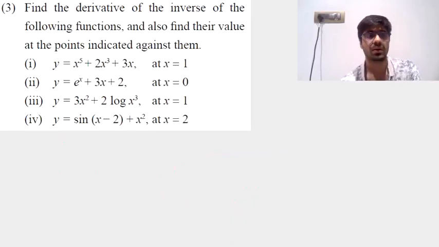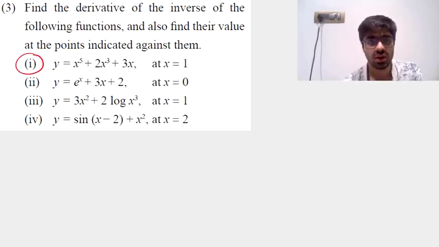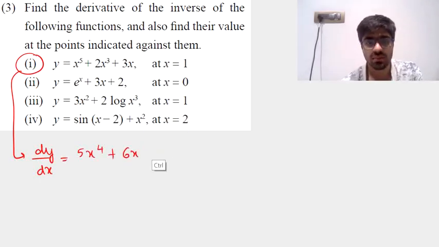Let's continue with the third question. So find the derivative of the inverse of the following functions and also their value at the points indicated against them. So take the first one wherein you are given y. So we have dy by dx as 5x power 4 plus 6x square plus 3.